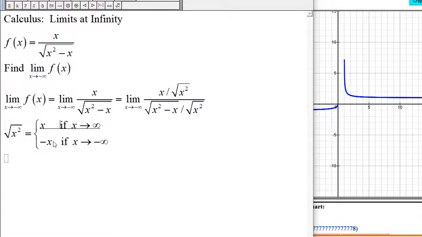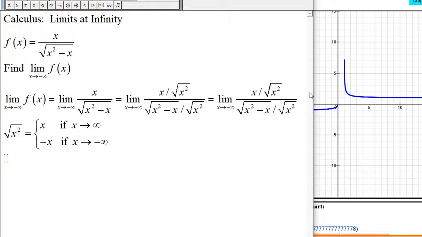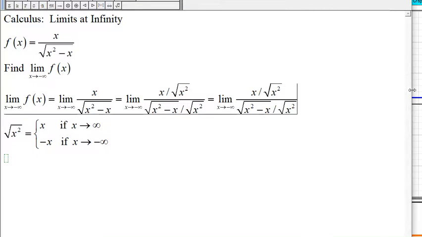The reason we have to be careful is because the square root of x squared is not always x. Sometimes it's x, sometimes it's negative x, depending on where x is going. So in this case, we have x approaching negative infinity, therefore the square root of x squared will be negative x.